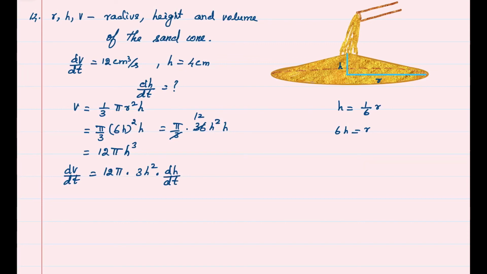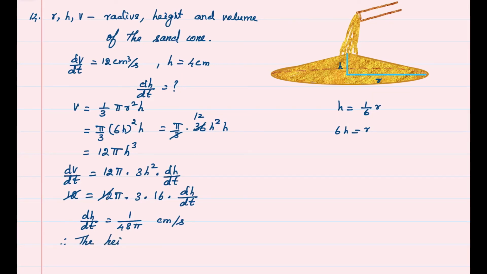Let us plug in the values which are given. 12 is equal to 12 pi times 3 times h square. h square is 4 square, 16, times dh by dt. Therefore, dh by dt is 1 divided by 48 pi and the unit is centimeters per second. Therefore, the height of the sand cone increases at the rate of 1 divided by 48 pi centimeters per second.